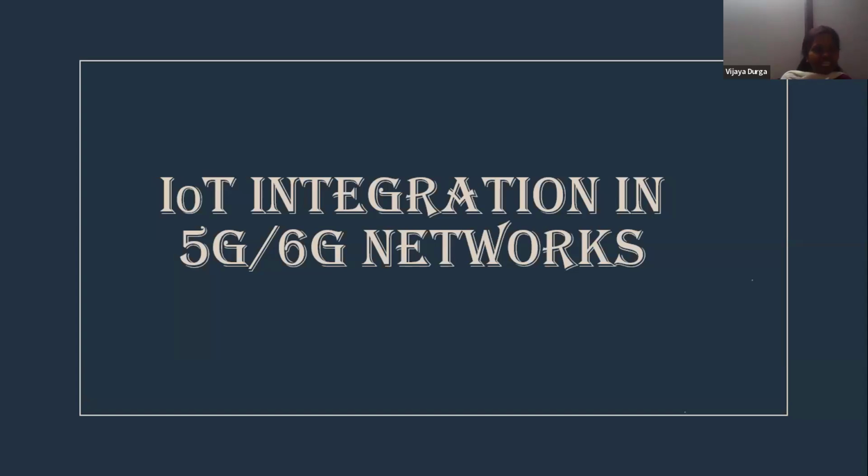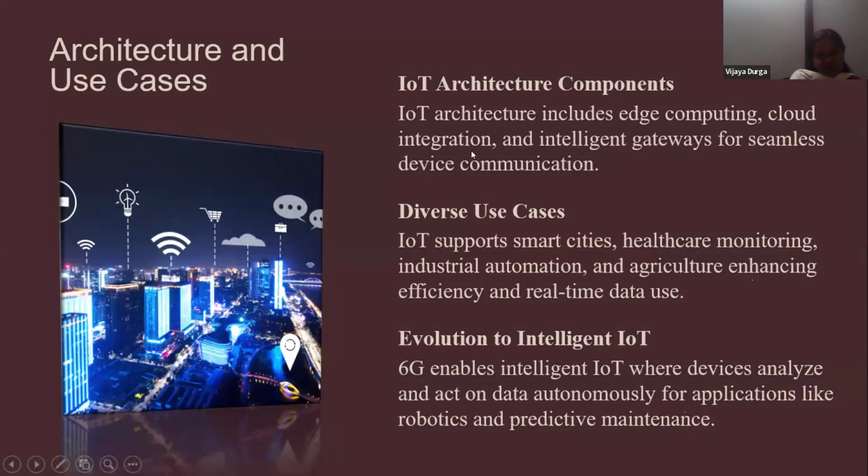So with the integration of IoT into our 5G networks, let's see what happens. These are the use cases and the IoT architecture components. IoT architecture includes edge computing, cloud integration, and intelligent gateways for seamless device communication. Everyone knows about cloud computing, such as Amazon Web Services (AWS) and Google Cloud.